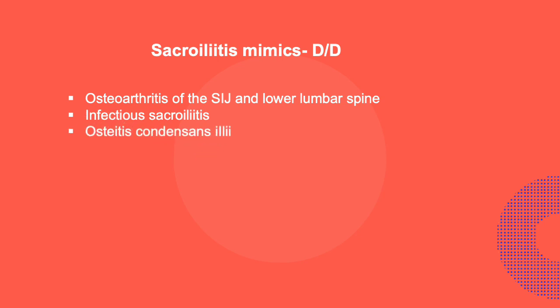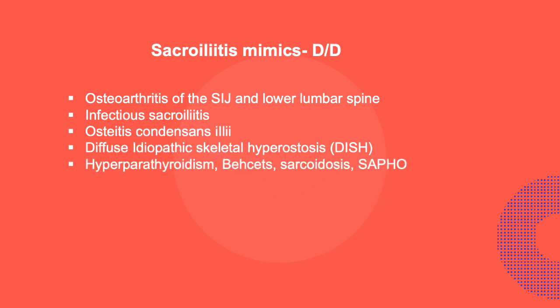Osteitis condensans ilii, which is caused by the mechanical stress-related remodeling across the sacroiliac joint, is usually bilateral, often in multiparous female. It is anteriorly located, well-circumscribed subchondral sclerosis, mostly in the iliac side. Others include diffuse idiopathic skeletal hyperostosis, and systemic disorders such as hyperparathyroidism, Behçet disease, sarcoidosis, and SAPHO syndrome.